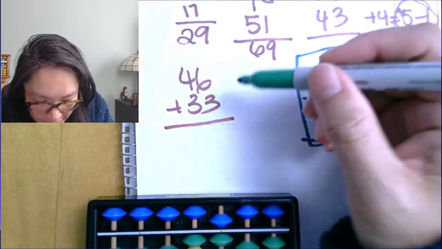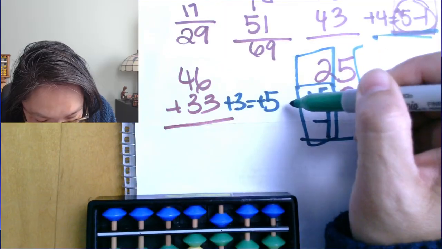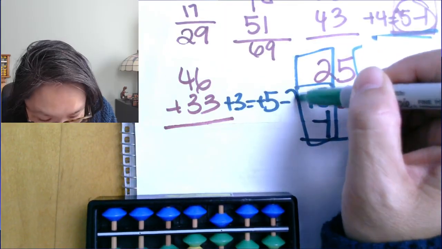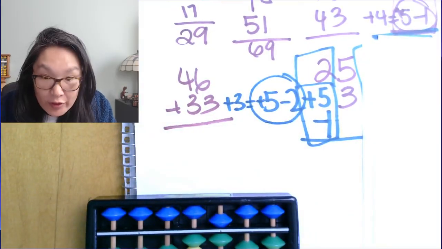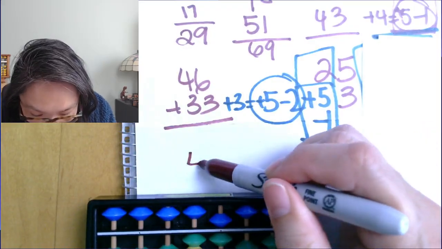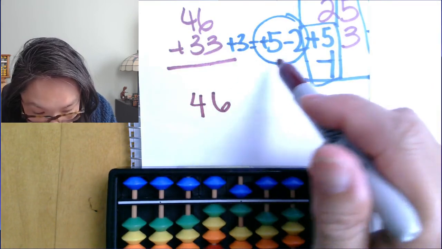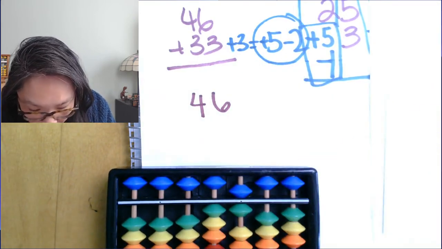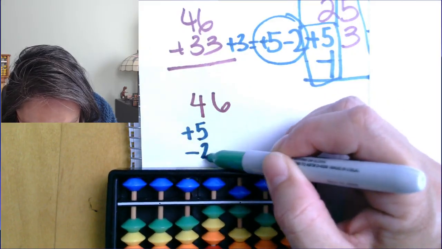Plus the 3 is equal to plus the 5 minus 2. Let's replace it. So if I rewrite it, I have 4, that's 46. So I'm going to rewrite it: plus the 5, plus 5 minus 2.